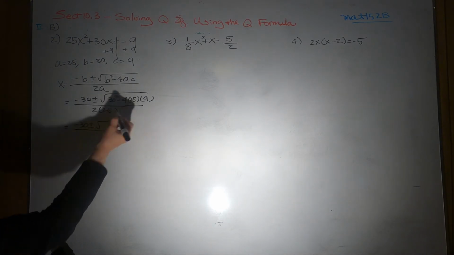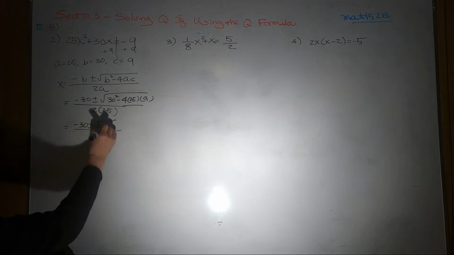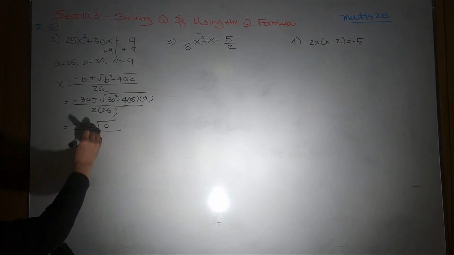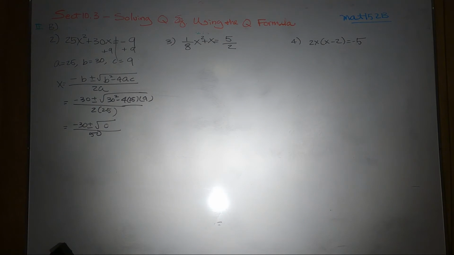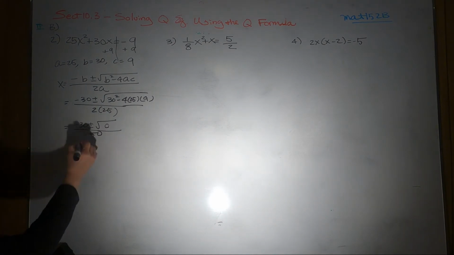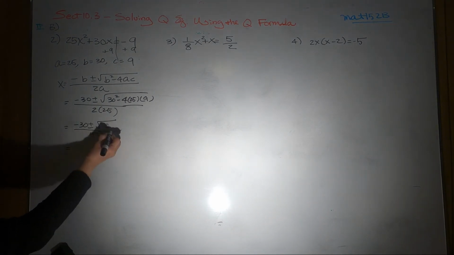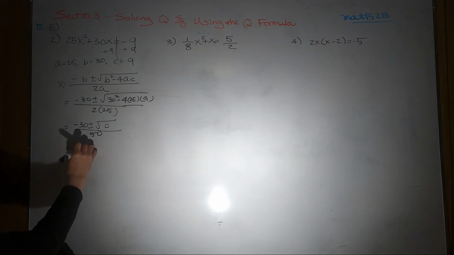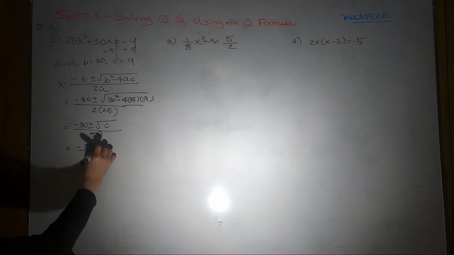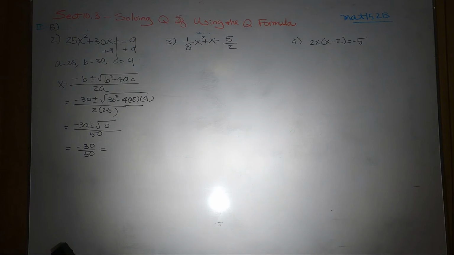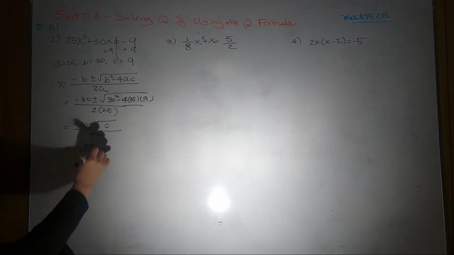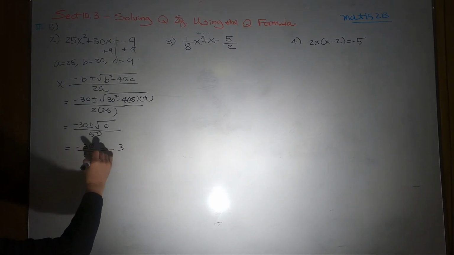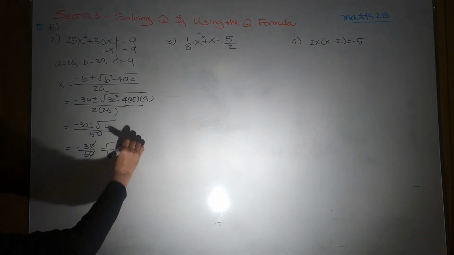So 900 minus 900 is what? 0, over what? 50. Right? So the square root of 0 is what? 0. So we have negative 30 over 50. Right? Then the answer is, cancel out, negative 3/5.